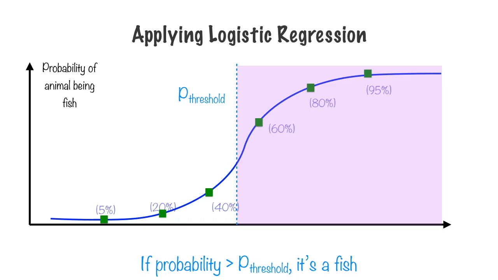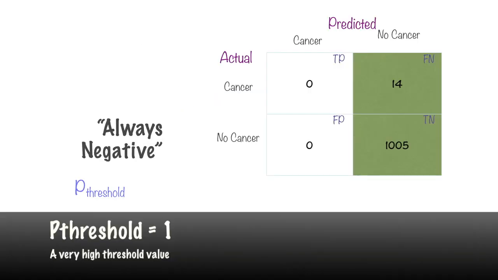Basically, in order to build a good classifier, this choice of p threshold becomes extremely important. In order to understand this, let's consider two extreme cases. In the first case, we'll consider a p threshold equal to 1, a very, very high threshold value. We'll use the same example as before, our machine learning model to detect cancer.